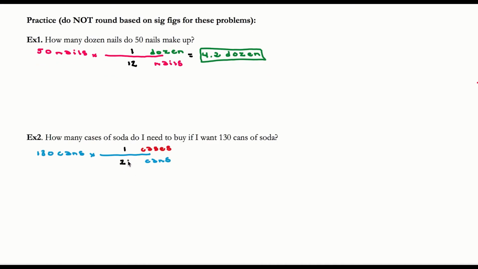So in order to determine how many cases I need, I'm going to take 130 and divide it by 24, and what I get is 5.4166667. Now, if I'm asking how many cases I need to buy, you can't buy a decimal of a case. So if I have 5.4 cases, in order to get 130 cans, I'm going to actually have to overbuy a little bit. So I'm going to say I need 6 cases.